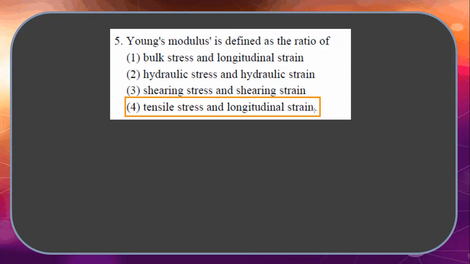This is not shearing, this is not hydraulic; hydraulic means volume. So bulk stress is not the answer. Tensile means along its length. So the ratio of tensile stress and longitudinal strain is called Young's modulus.